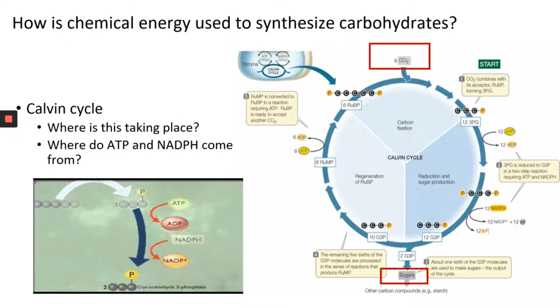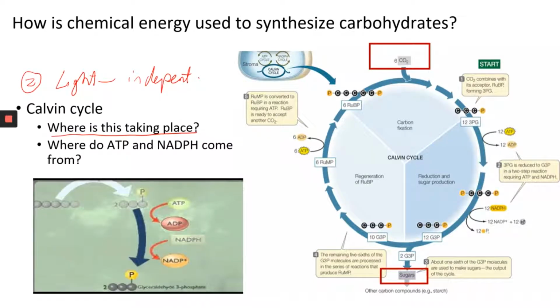Okay, now we talk about photosynthesis step 1, which is the light-dependent reactions, and this is the second one, the light-independent reactions, also known as the Calvin cycle. So where is this taking place? If you remember, it takes place in the stroma, not inside the thylakoid, but outside the thylakoid, still inside the chloroplast.